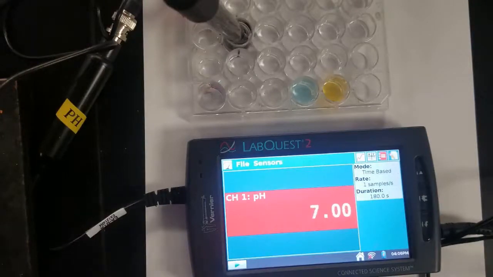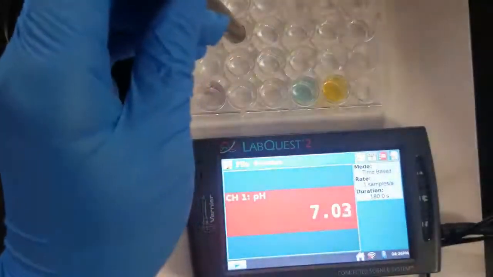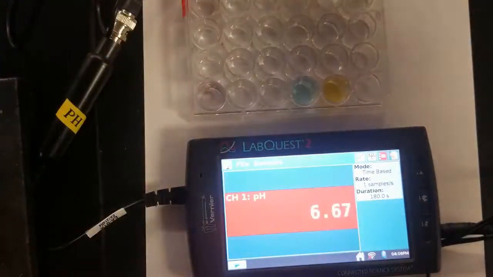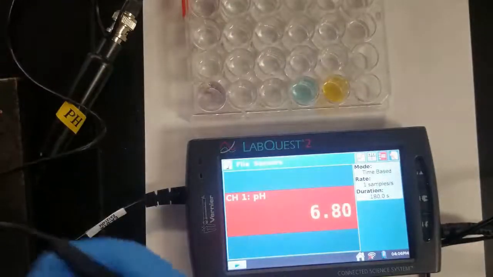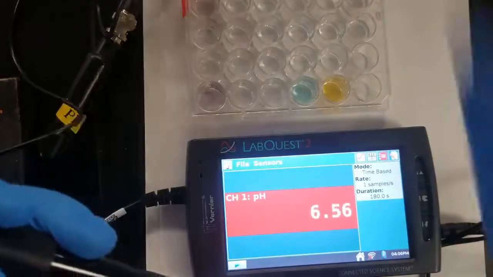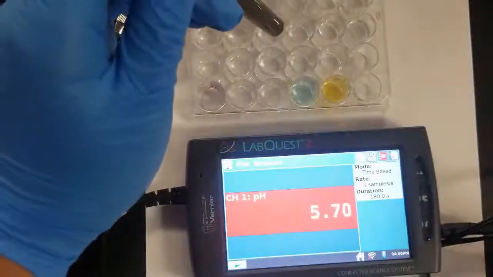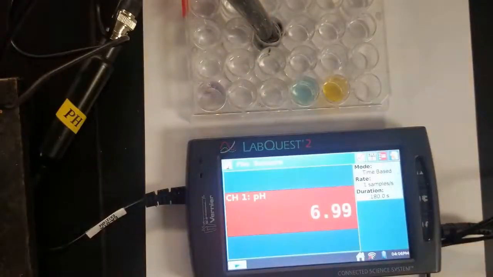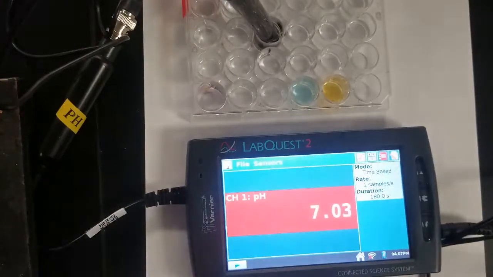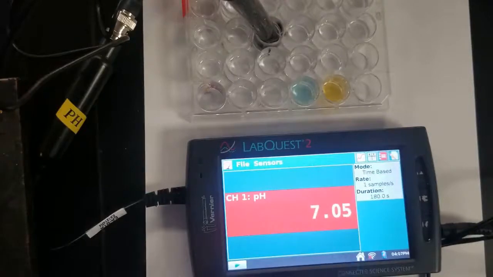And so we can see that this is also reading approximately 7. There will be some drift in the instrument. Next up, we have sodium nitrate. And so again, we can see a pH of about 7.